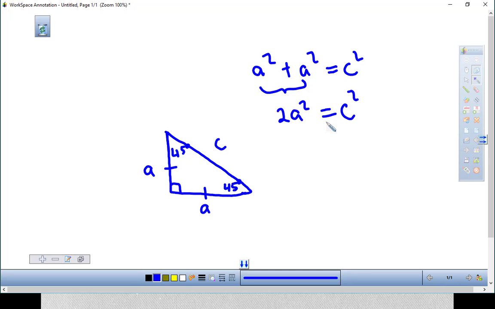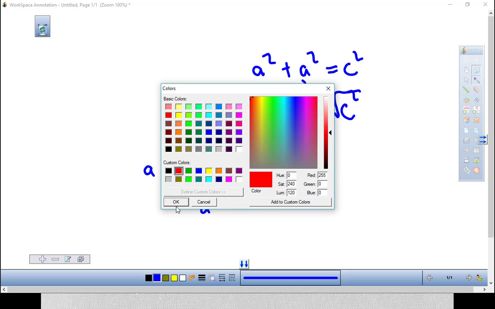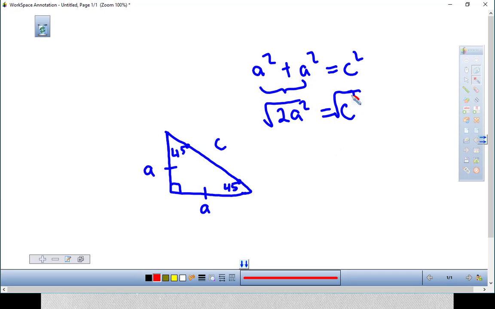Now if I take the square root on this side and the square root on this side, the square root of a squared cancels, so on this side you actually get c. And this one, we can split up. We could write this as the square root of 2 times the square root of a squared.